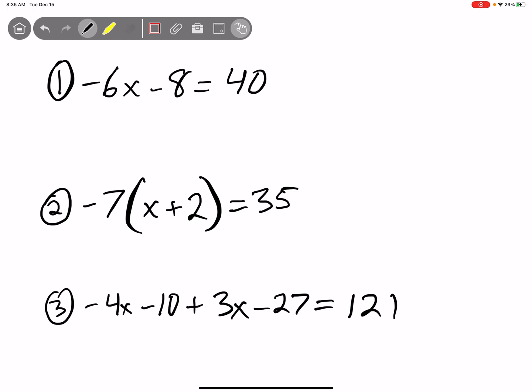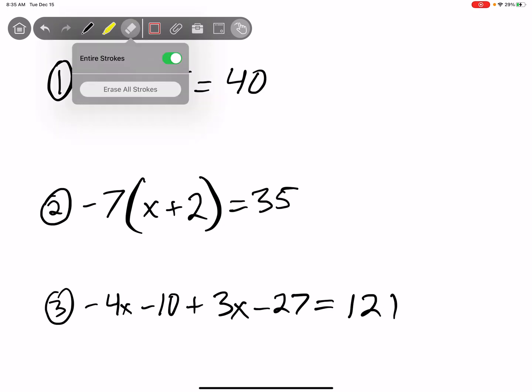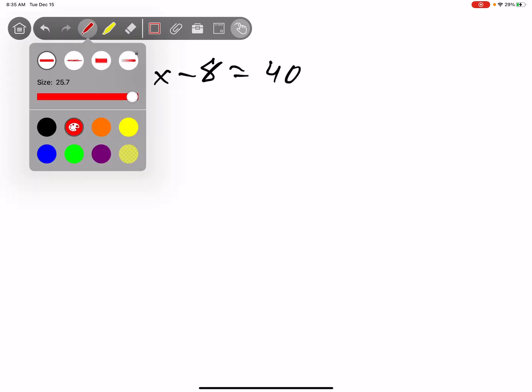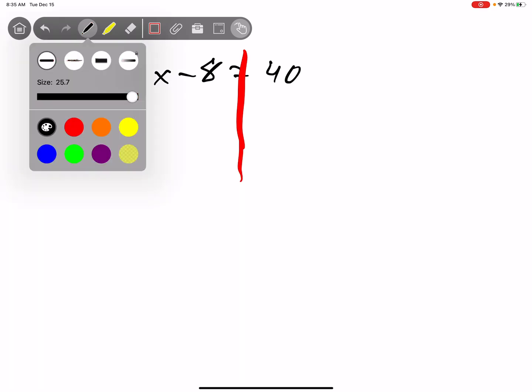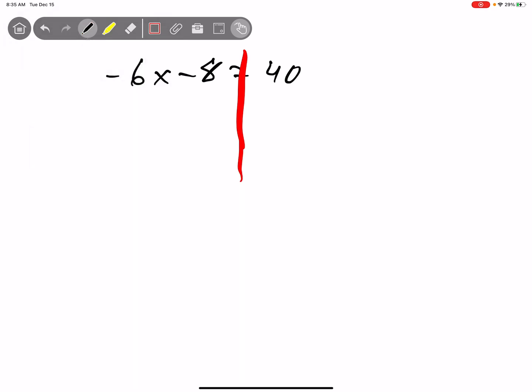All right, so let's do each of these separately. First problem was negative 6x minus 8 equals 40. Bring down my mirror. I can add 8 to both sides. This now gives me negative 6x equals 48.